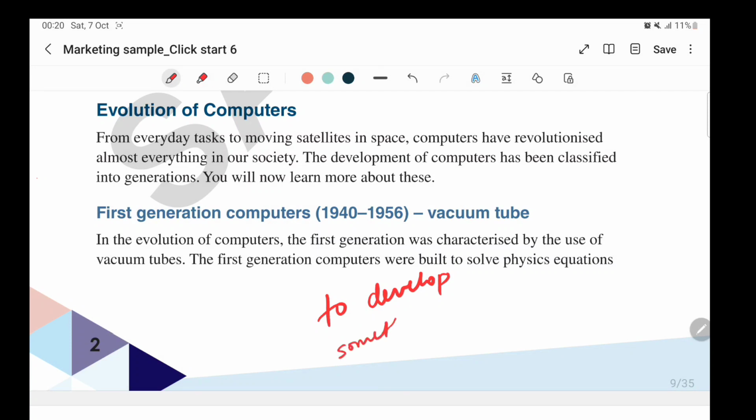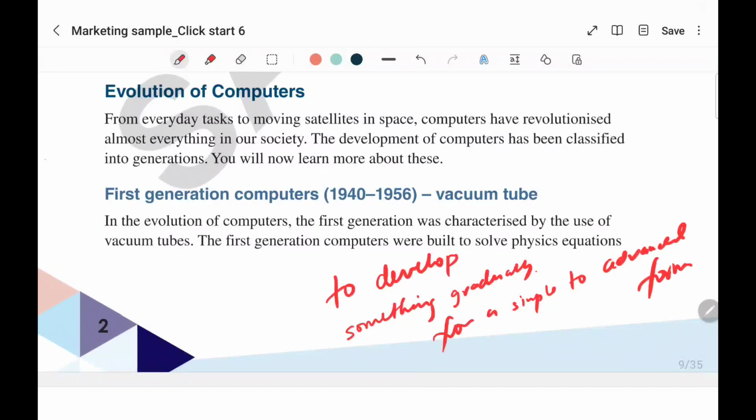To develop something gradually from a simple to an advanced form. As I was saying, students, to develop means something is developing gradually, slowly, from simple to advanced form.